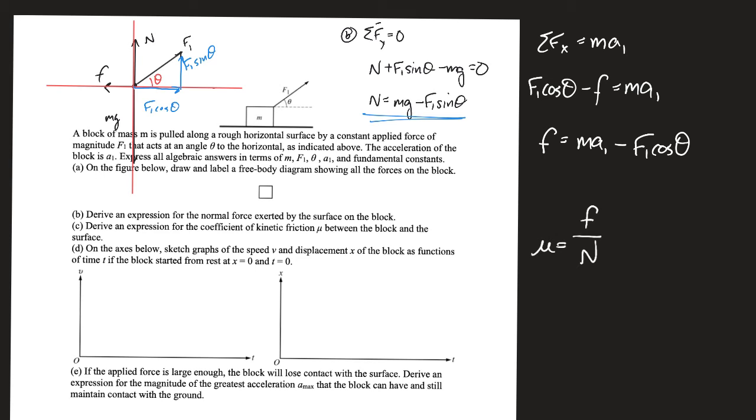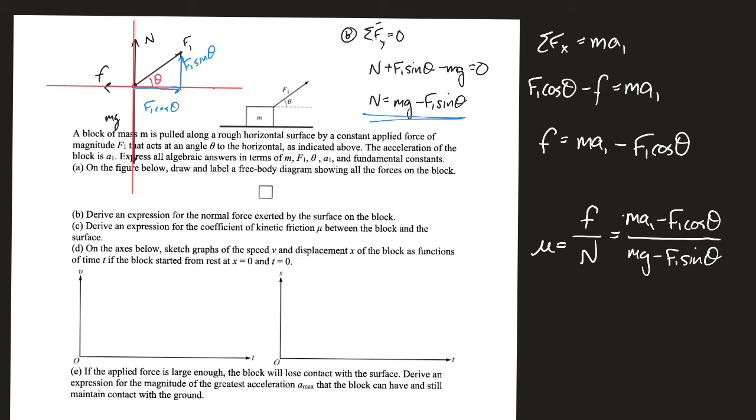We okay so far? So to get my answer, just put ma1 minus F1 cos theta in the numerator and mg minus F1 sine theta in the denominator. Seems good to me.